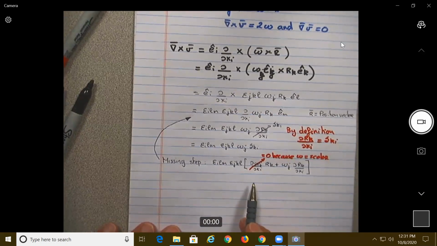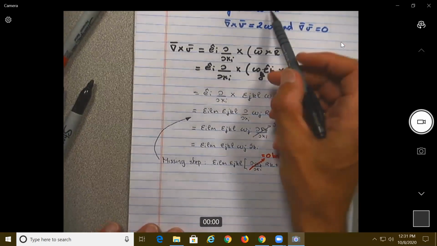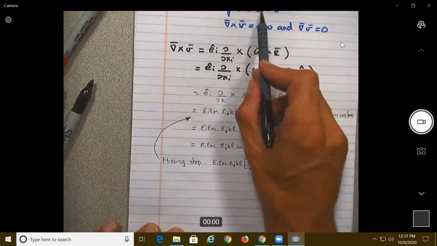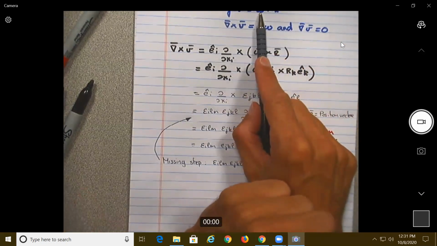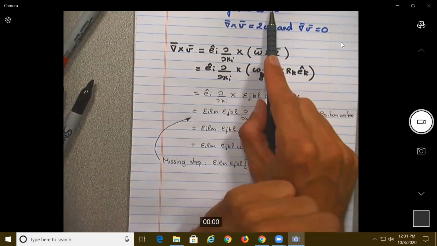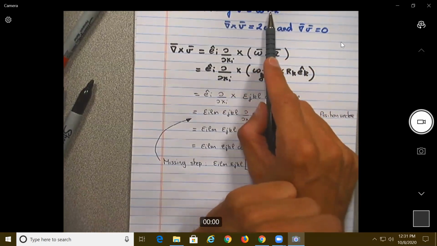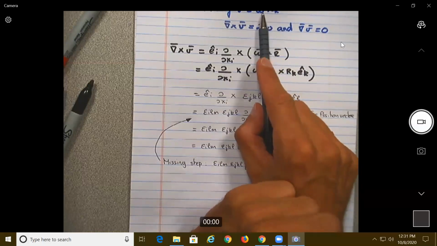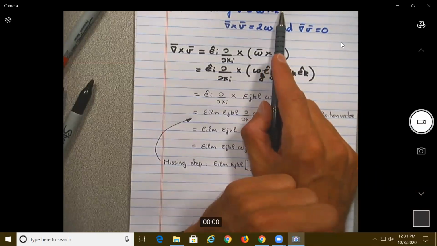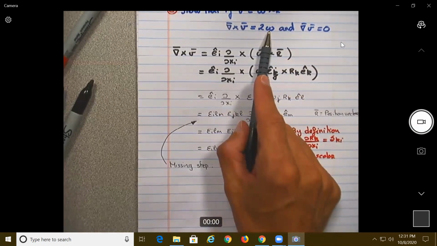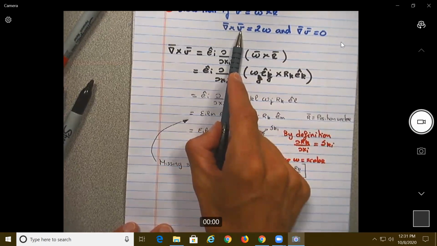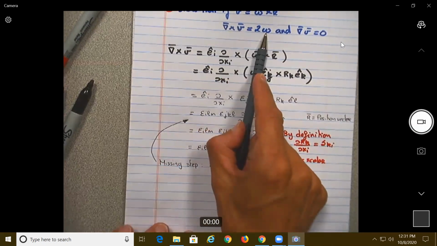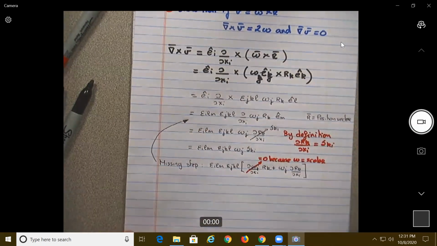Yes? How come omega is now a scalar if it started off being a vector? What happened is that when I copied the stuff, I put this one to be, because it makes no sense. The problem is notation. It makes no sense to put a scalar in the cross product because the cross product is always between vectors. So what they ask you to prove is actually that the scalar product of del with a vector field is equal to 2 times a scalar quantity. I didn't know what to put over here.